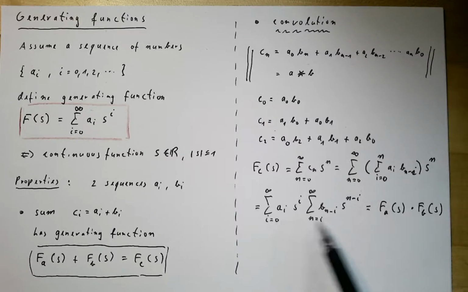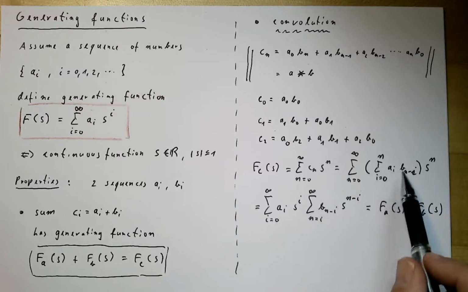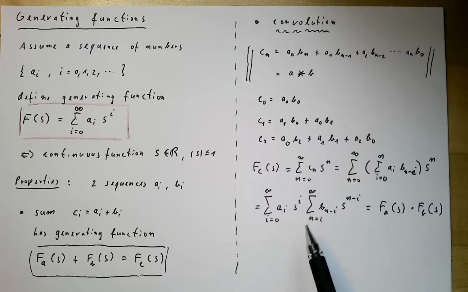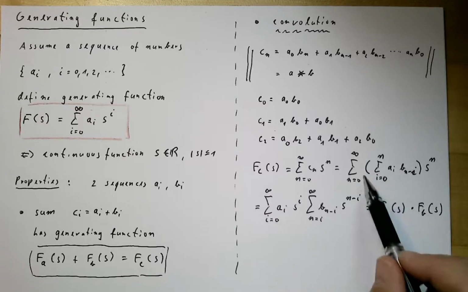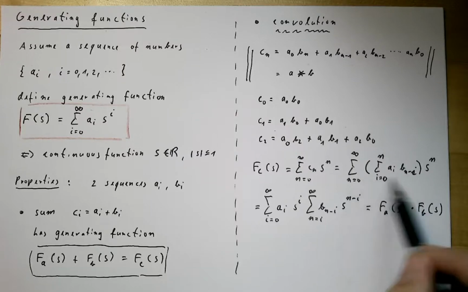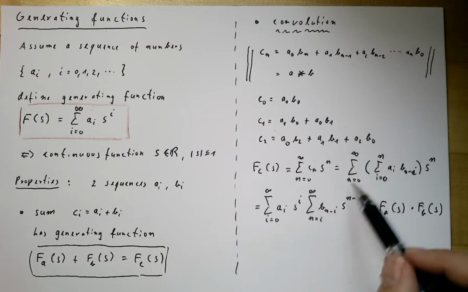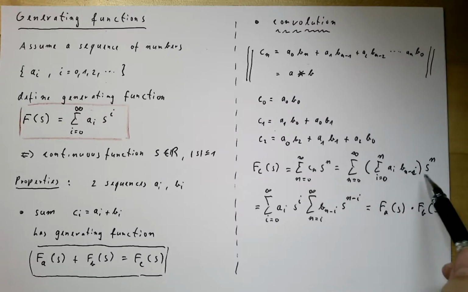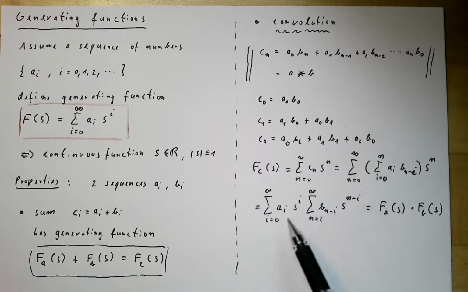So if it is not so clear that you can rewrite this like this, I recommend that you write down the first values of this sequence when n is small, and just write down all the terms and see that you can rearrange the terms in such a way that you can factor this out. Sometimes in this way it's a bit too abstract.